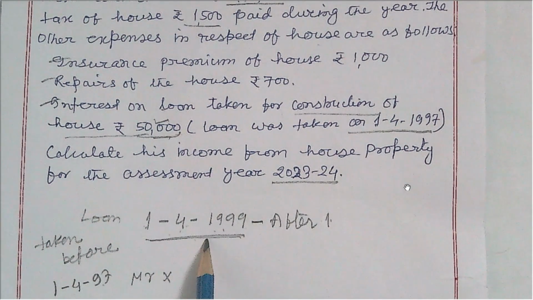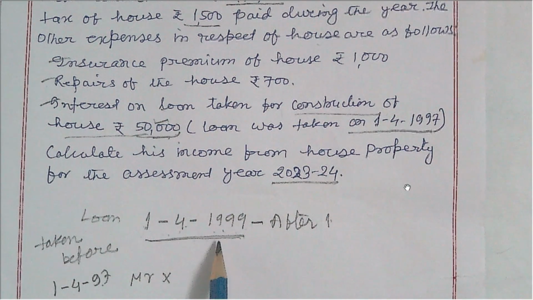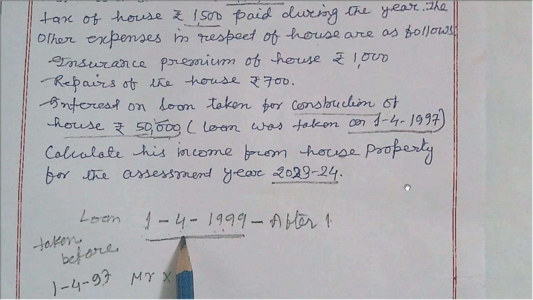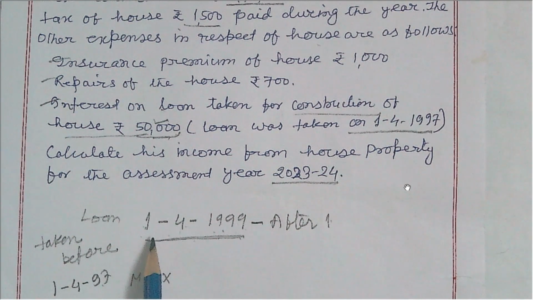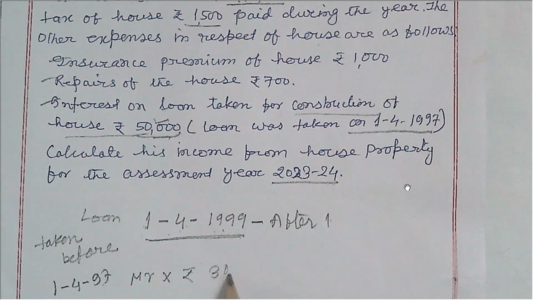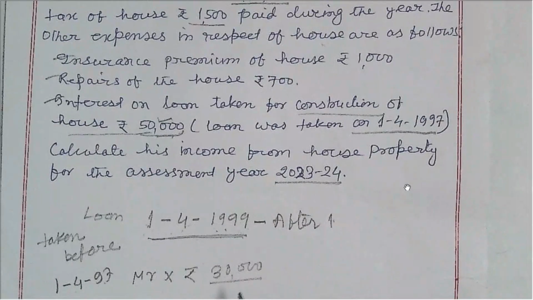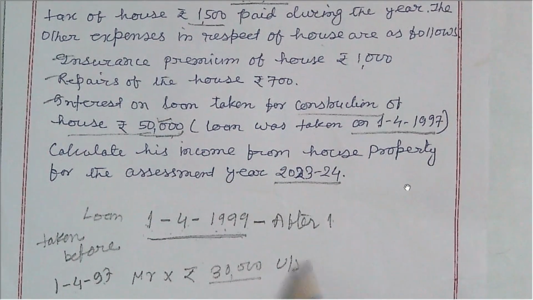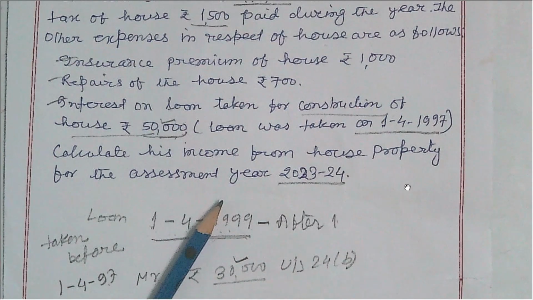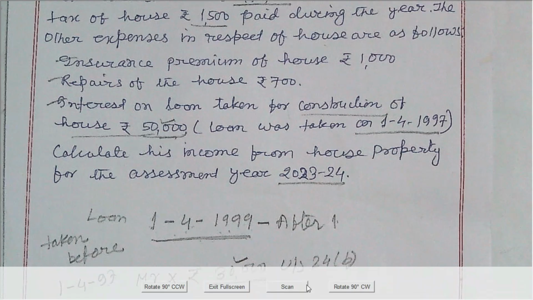As per Income Tax Act, the provision says that if the loan amount is taken for the construction or purchase or repairs or renewals of the house property before 1st April 1999, then the house is used for residential purpose, then the owner can claim maximum rupees 30,000 as interest on loan deduction under section 24 clause B. So this 30,000 we have claimed as per this provision in the solution.